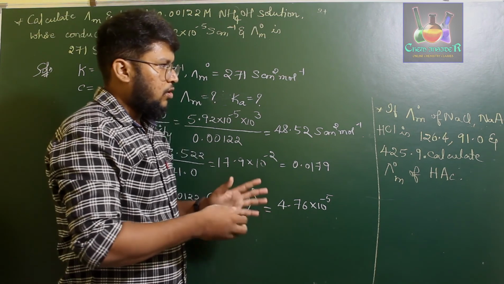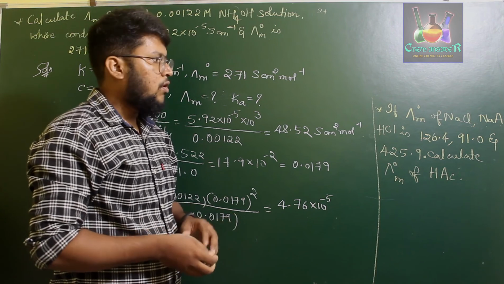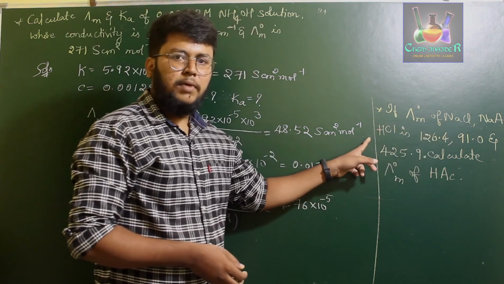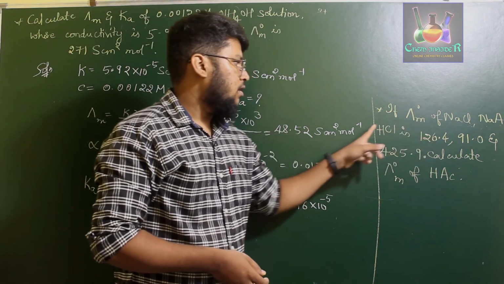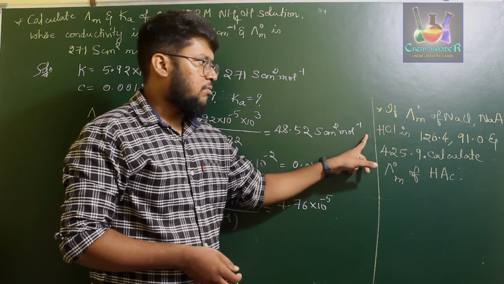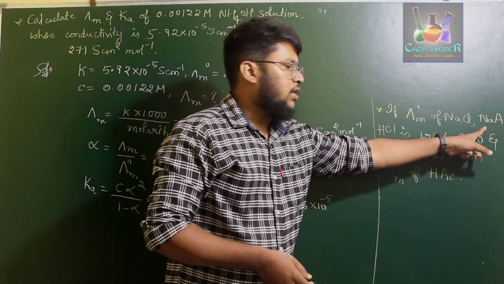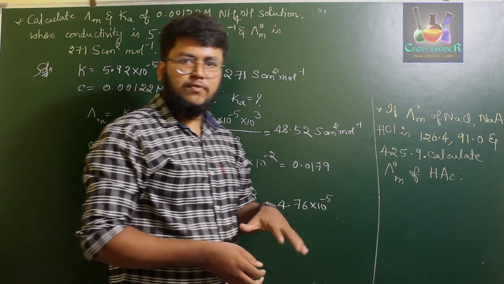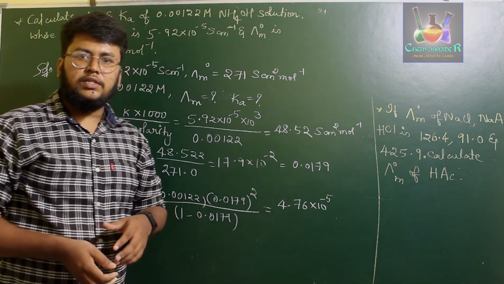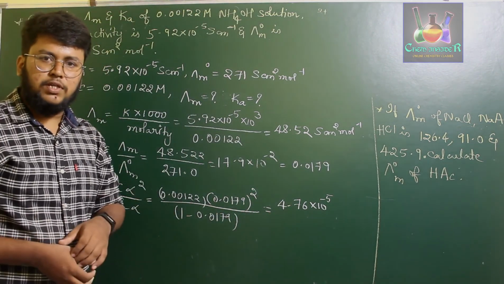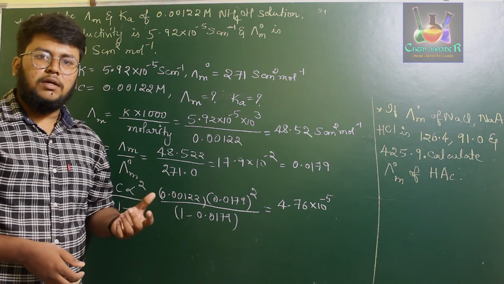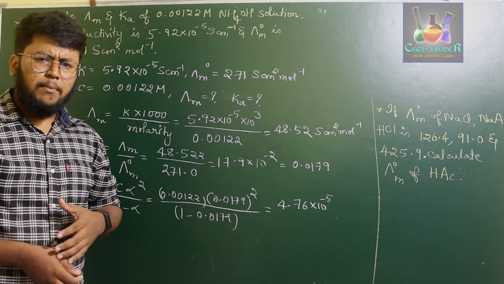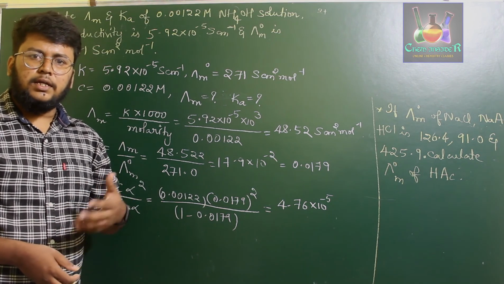Now on splitting all those terms, lambda naught of NaCl minus lambda naught of HCl will be equal to lambda naught of NaAc minus lambda naught of HAc. That is the strong electrolyte equation which we explained in the previous video, where we said NaCl minus KCl will be equal to NaBr minus KBr.